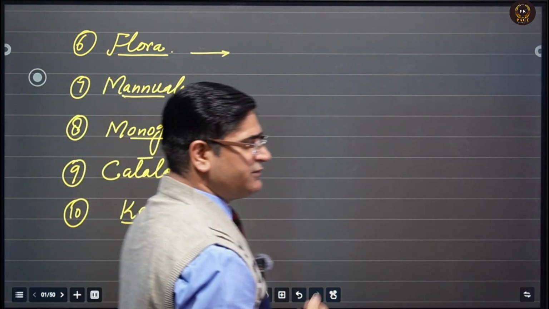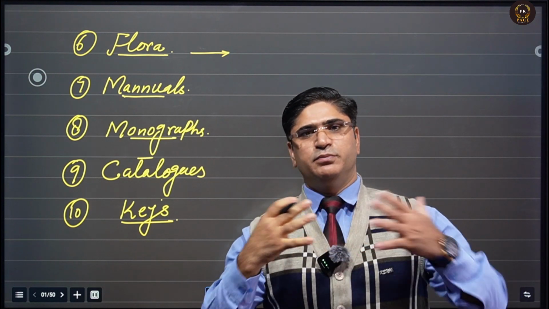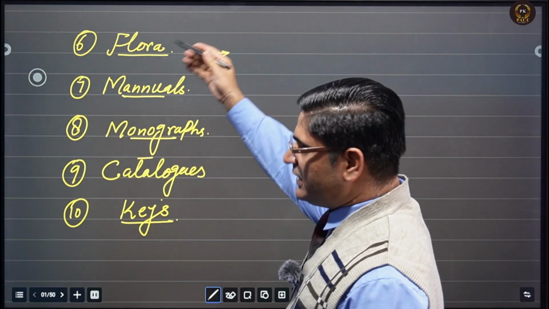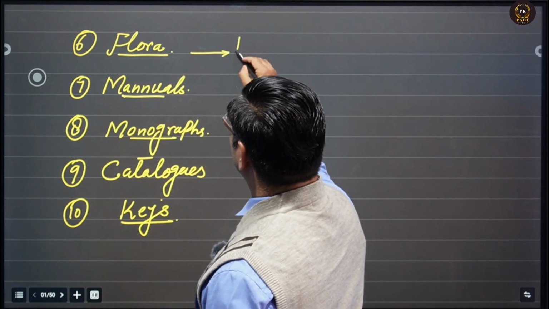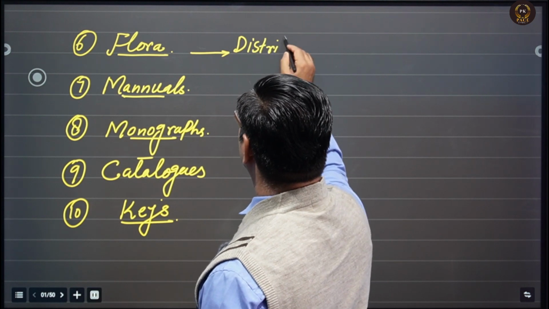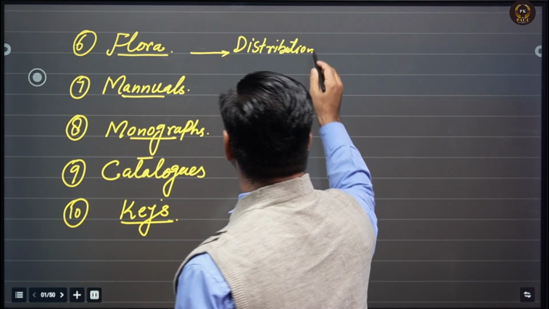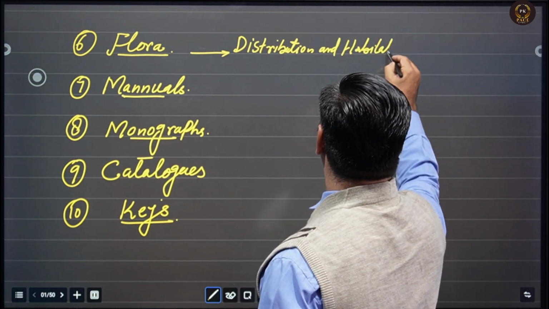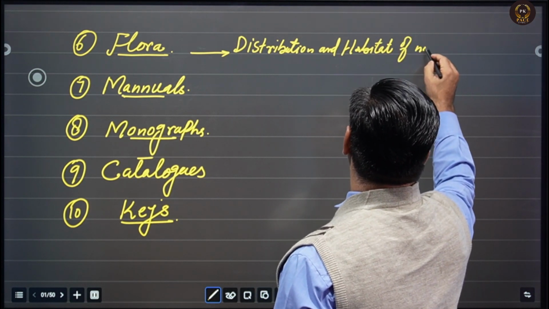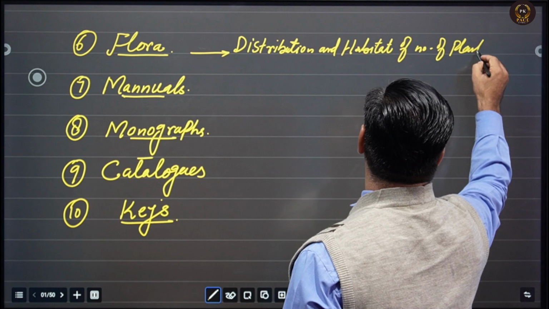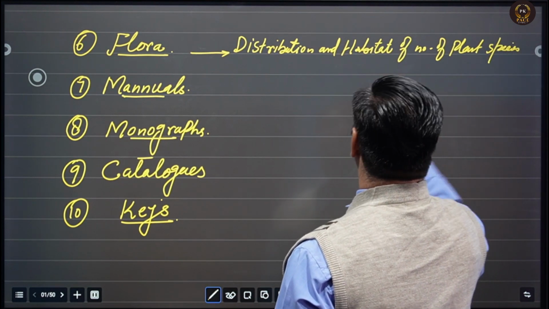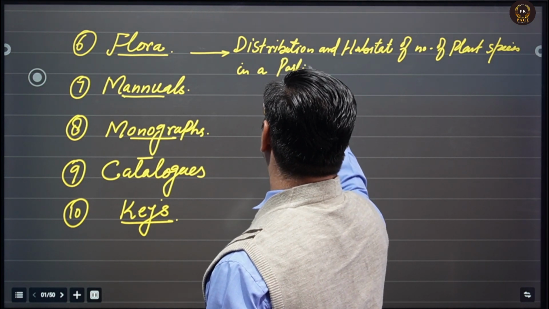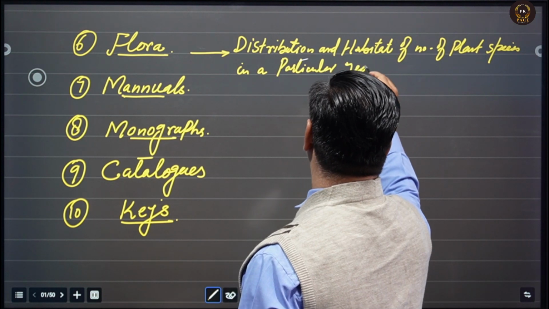Like flora. When we say flora, you can imagine that there is a book, a larger book, and this book gives information about the distribution and habitat of a number of plant species in a particular geographical area.